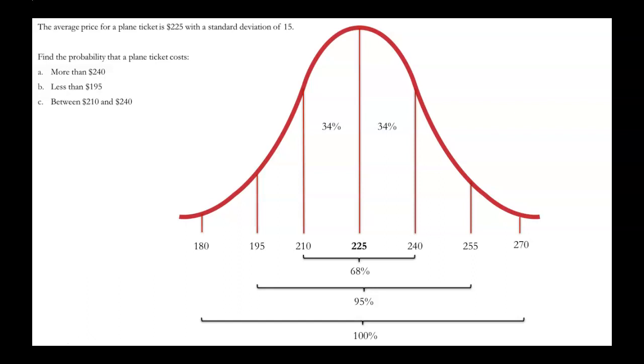Now, between plus and minus 2 standard deviations is 95%. But we don't want to worry about that 68, so we do 95 minus 68, and that gets us 27.